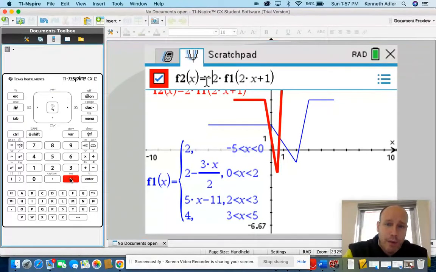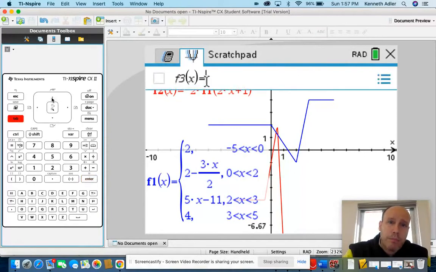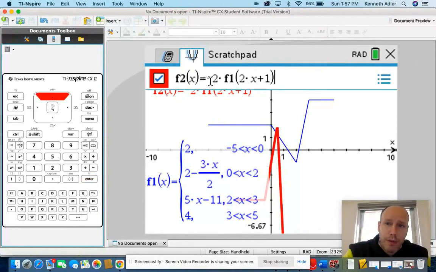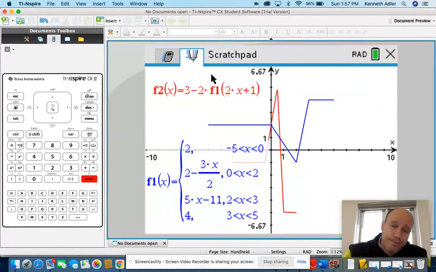So it should be a reflection over the x-axis. And then the last, we have that plus 3 in the beginning. Let's see, tab, up. Let's put that 3 in there. So instead of -2, I'm going to see 3 minus 2. Nice. And that's where we get this from.